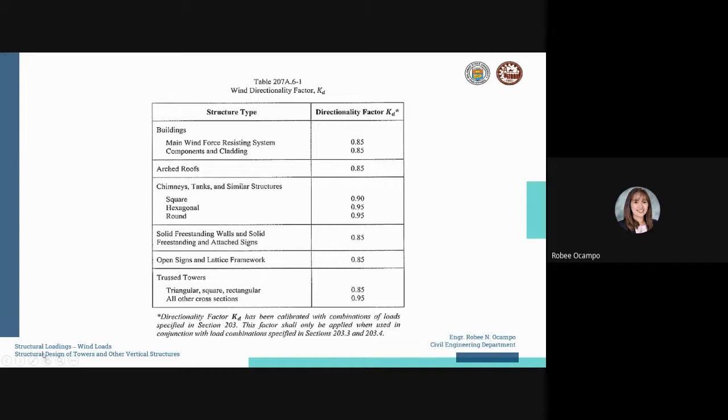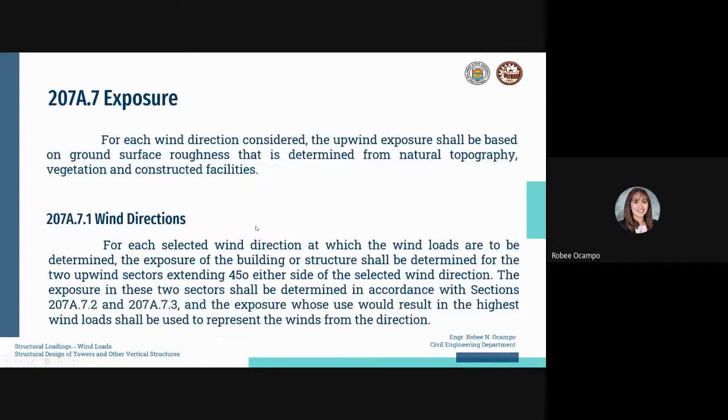But kung hindi siya triangular, square, or rectangular, we could use 0.95 for the directionality factor. Okay? So, for determining the directionality factor, we're going to use Table 207A.6-1.